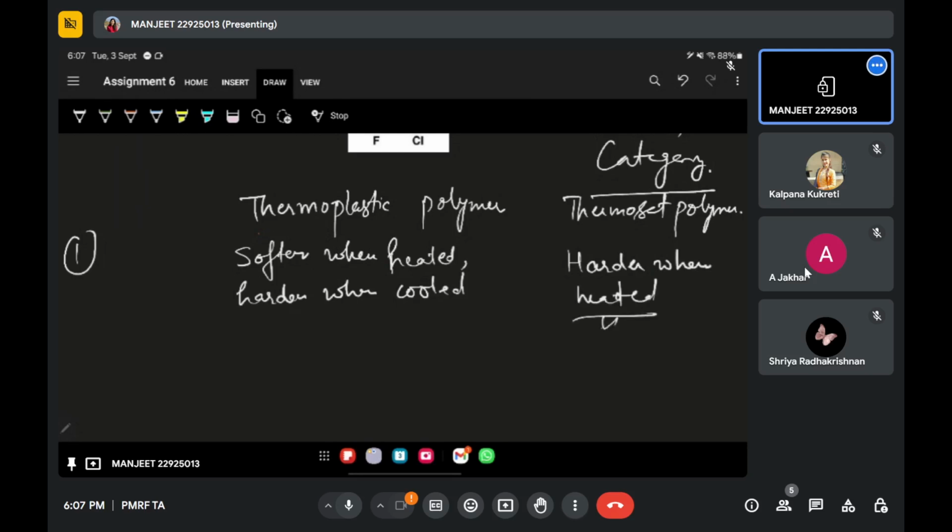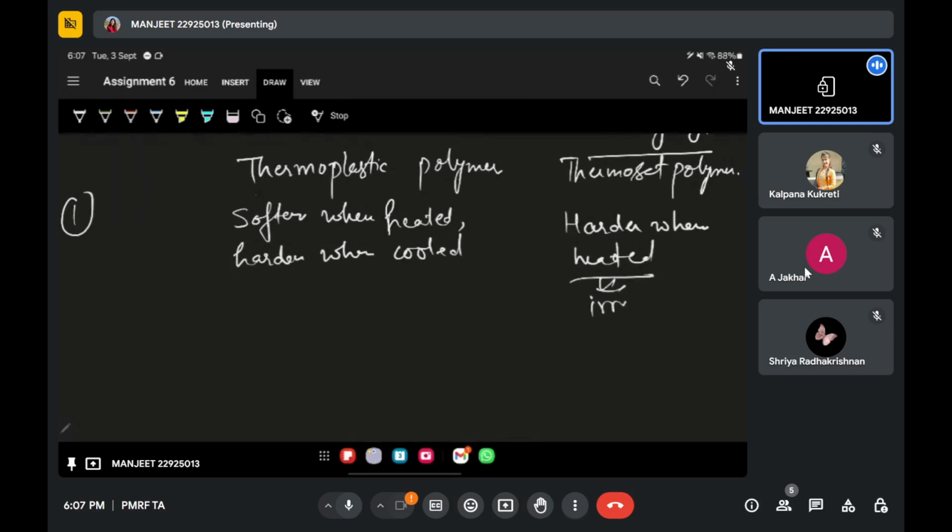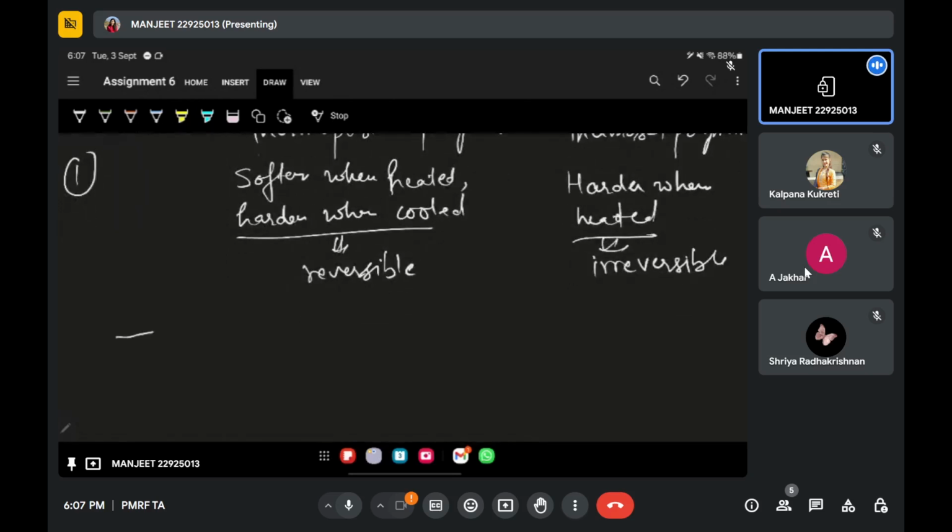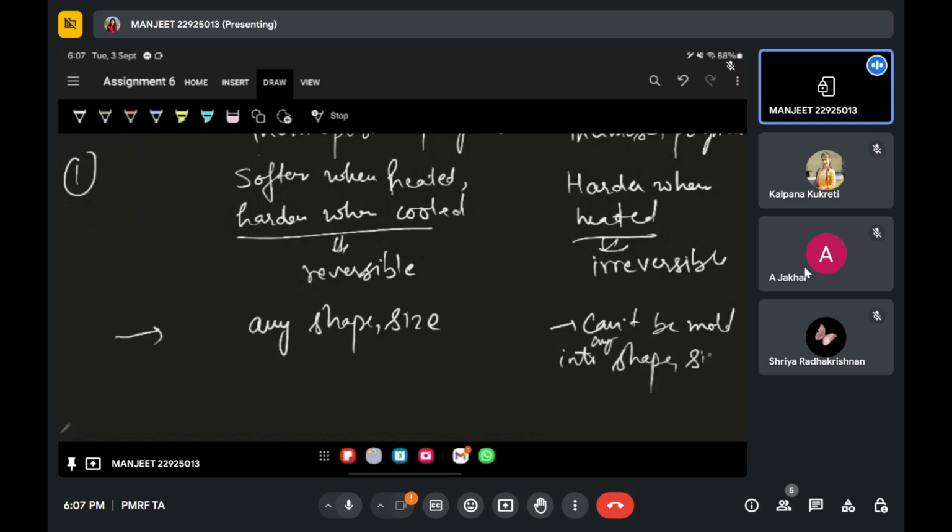So the process in the thermoset is irreversible, while the thermoplastic process is reversible, because it softens when we heat and hardens when we cool. So we can change it to any shape and size, but the thermoset can't be molded into any shape and size because it is irreversible. It becomes permanent and will not change.